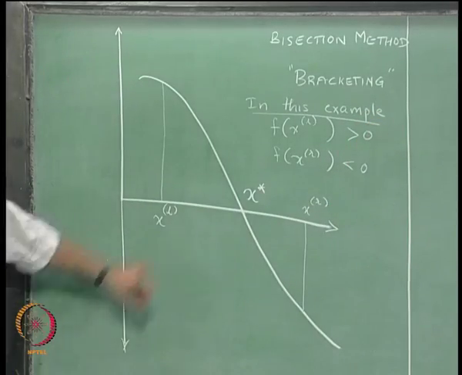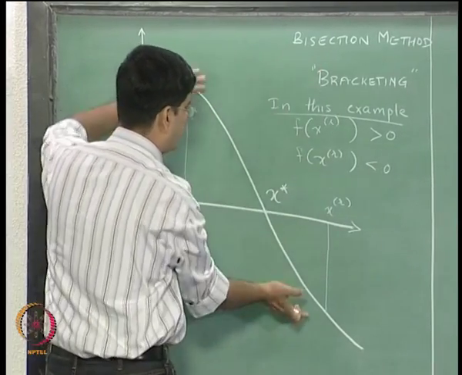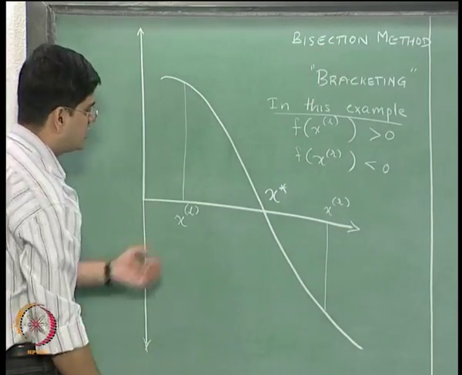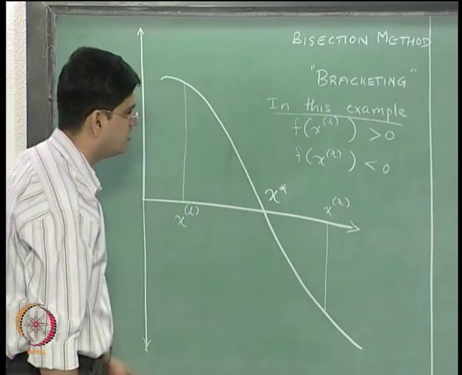Of course, if the curve was reversed, if you think of a mirror image of this curve, in that case our f of xl is going to be negative and f of xr is going to be positive.